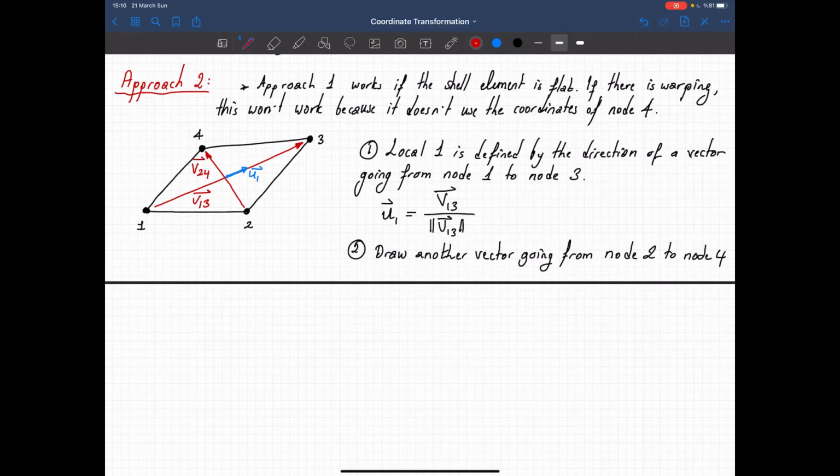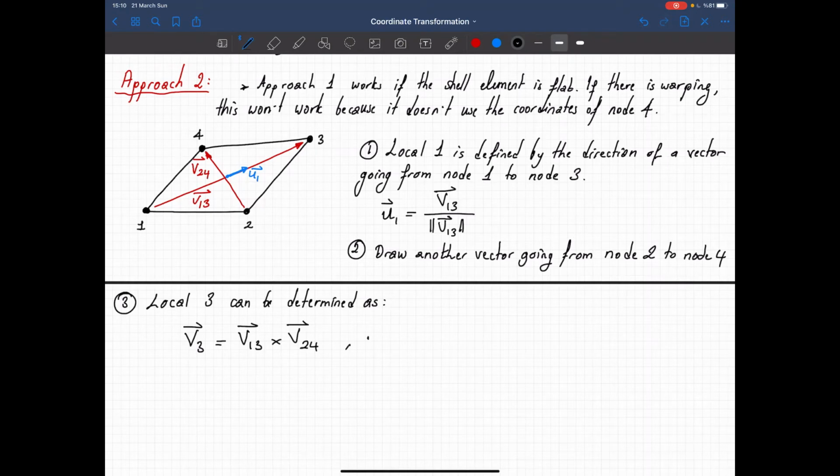And then we can calculate the outward unit normal, or local 3, which can be determined as V3 is equal to V13 cross V24.